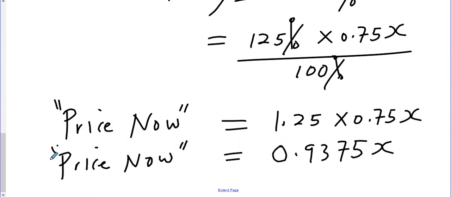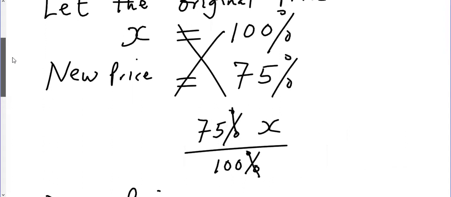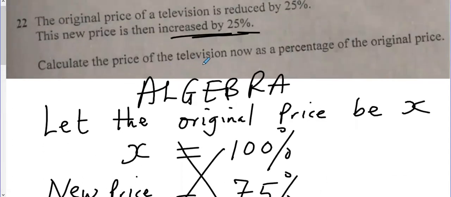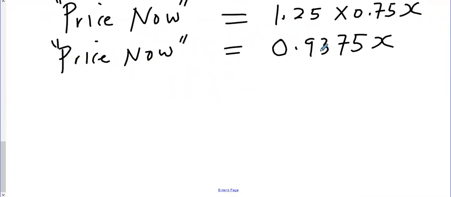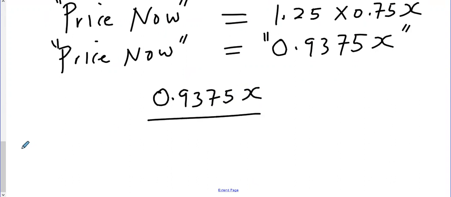Now, what is the question? Calculate the price of the television now as a percentage of the original price. So I'm going to take this new price, 0.9375X, divided by the original price.